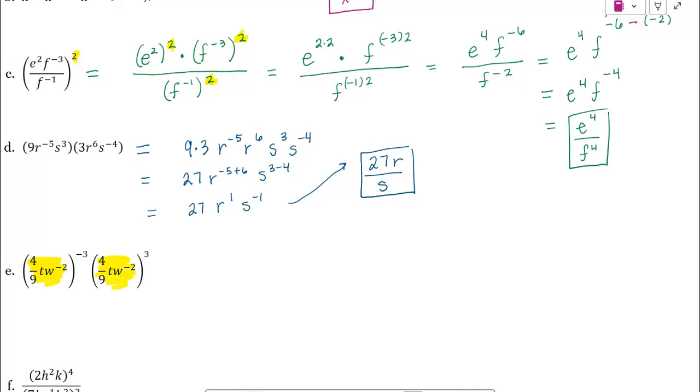And so the bases, those are the bases, and the two exponents that we're looking at are a negative 3 and a positive 3. So if I write this in a more simplified way, my base, 4/9 t w to the negative 2nd power, I'm taking the negative 3 and adding 3. I'm adding those two exponents together, which ends up being a 0.